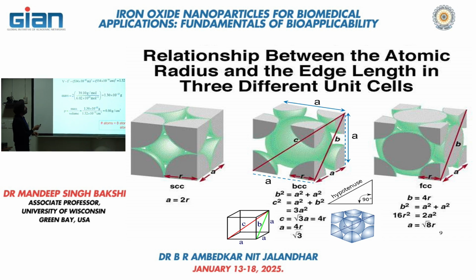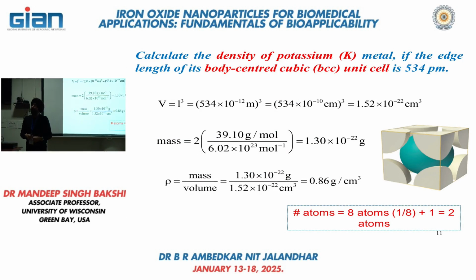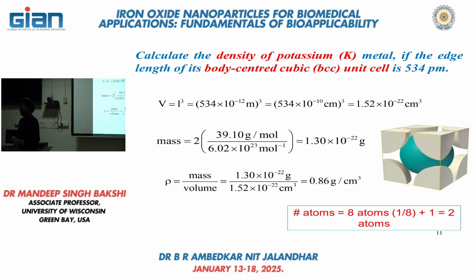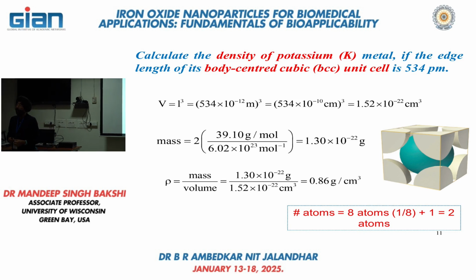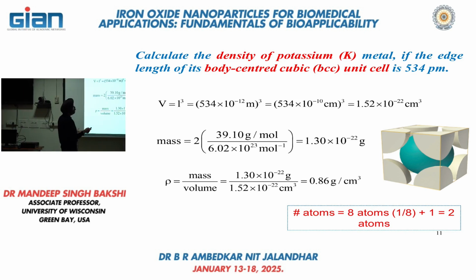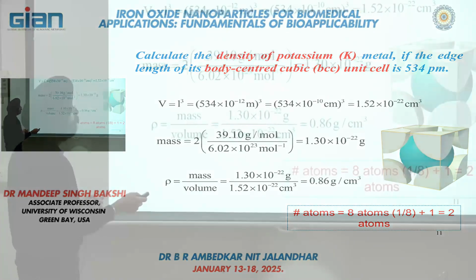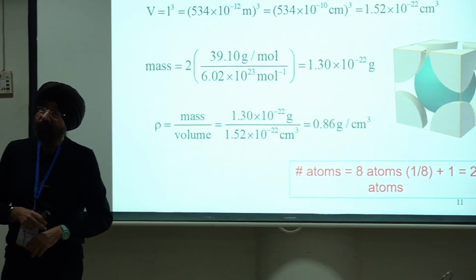So L cube, and it is in picometer, 10 to the power minus 12. Why do we need to convert the units? The thing is, density is in gram per centimeter cube or gram per ml. So therefore you have to convert the units. You are converting the picometer into centimeters, then taking the cube, and eventually this is the volume.